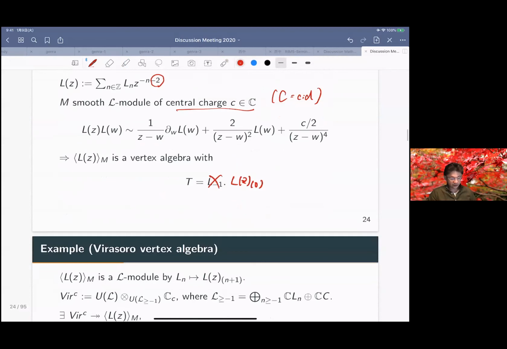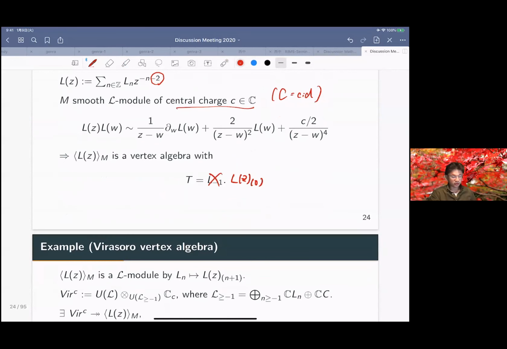And this is a module. So the story is the same as in the case of the affine vertex algebra. So this vertex algebra becomes a module of the Virasoro algebra on which L_n acts as this.